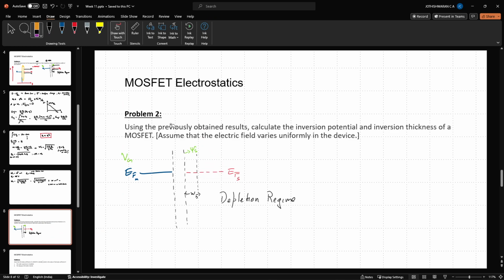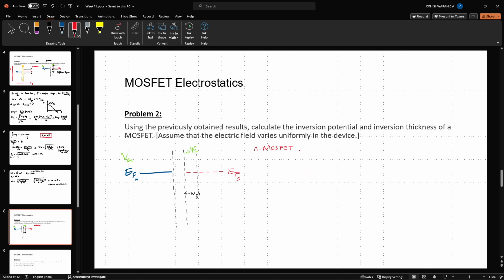So now, what do we mean by inversion? Remember that in an NMOSFET, my source and drain are N-type, N-doped materials.